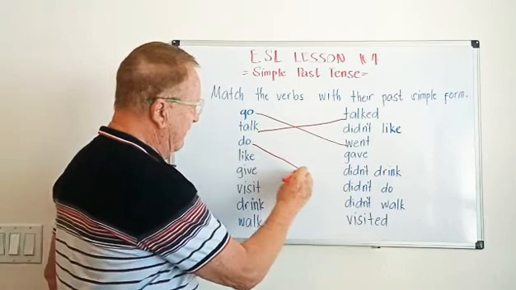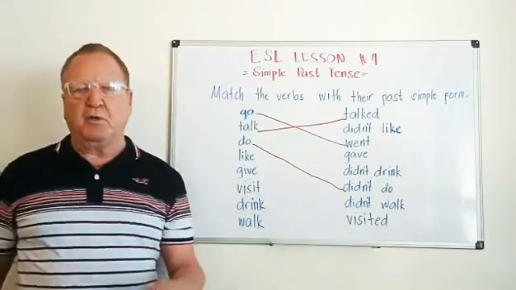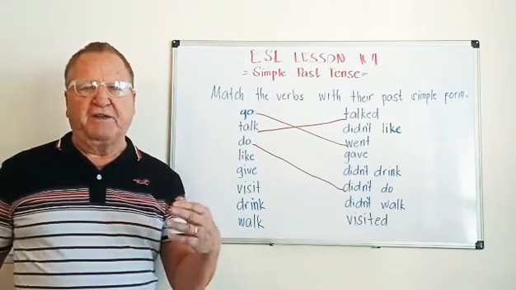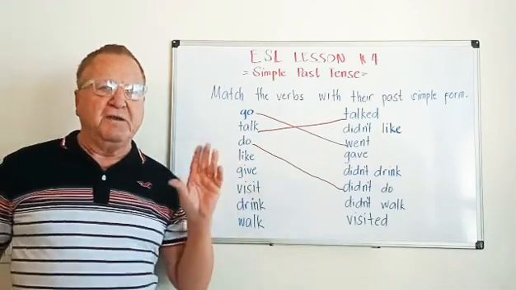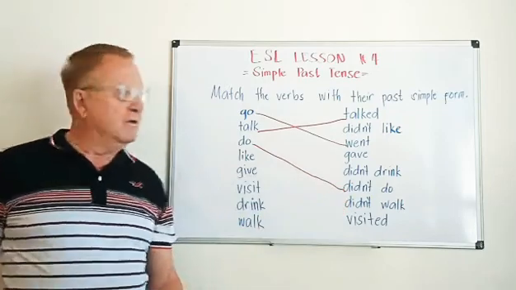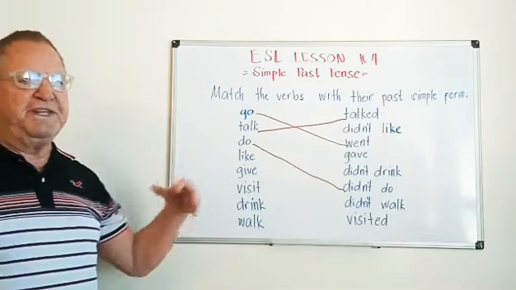We're going to match it down here to didn't do. I didn't do all the chores that I had set up for myself. Didn't do. Did not do. In the contraction form, didn't do. Do, did not do, or didn't do.